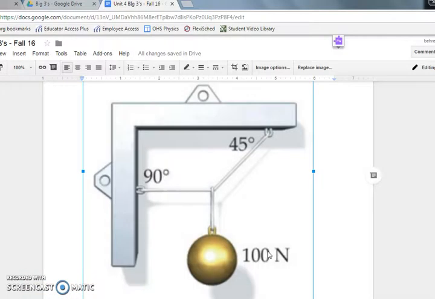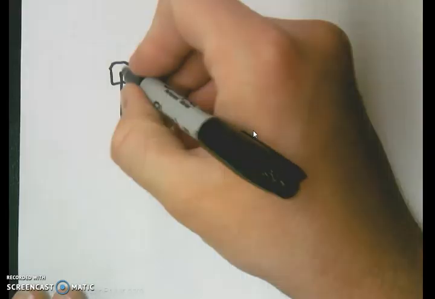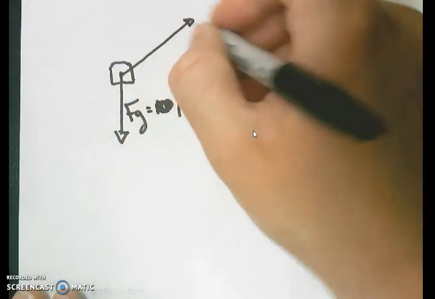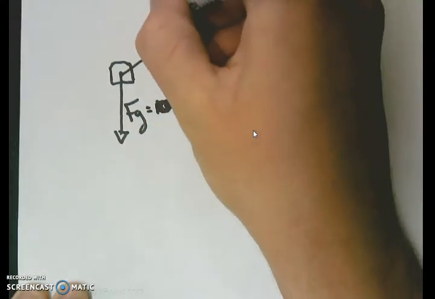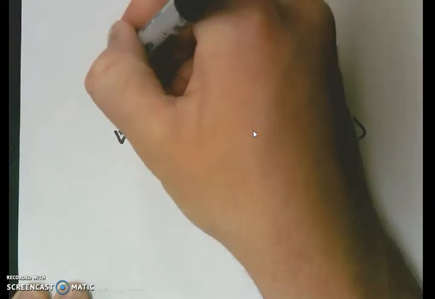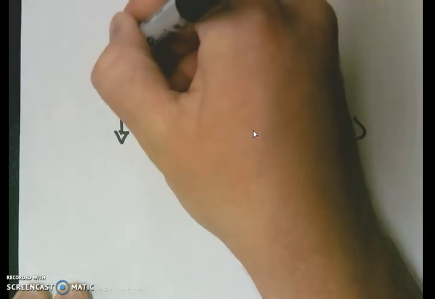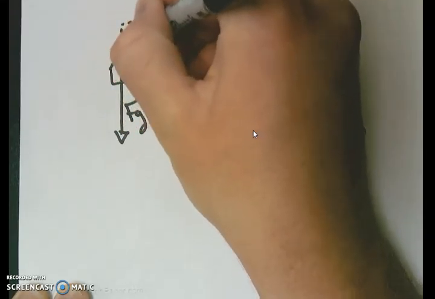Okay? Now, the other two forces: we have a force of tension that's working up and to the right at a 45-degree angle here. So we'll draw it like such. That's Ft, we'll call that Ft1. And if it makes a 45-degree angle here, it also makes a 45-degree angle there.